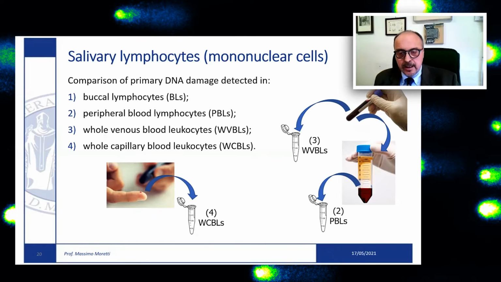And we have also performed the COMET assay on whole leukocytes by resuspending in agarose an aliquot of whole blood. And the same, we have collected capillary blood samples, and the blood was used to analyze in the COMET assay whole leukocytes.